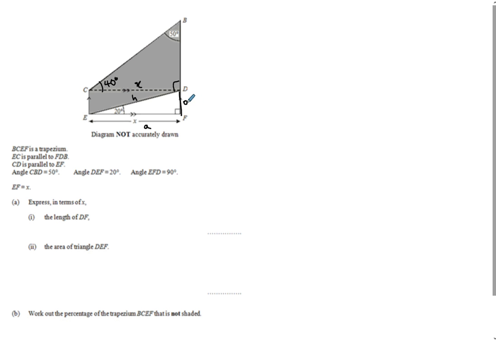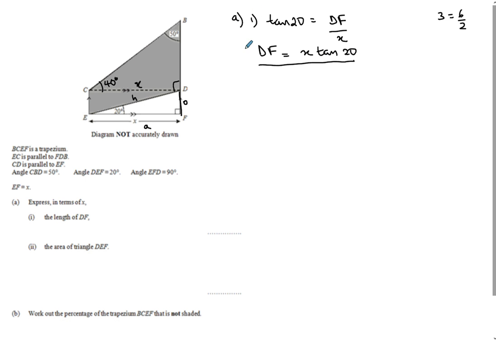Let's use our O and our A. So we've got tan 20 equals DF over A, but we know it's X. So we're expressing it in terms of X. So DF, using R3 equals 6 divided by 2, DF equals X tan 20. Okay. All right, so that's our part 1. Okay, the area of triangle DEF.